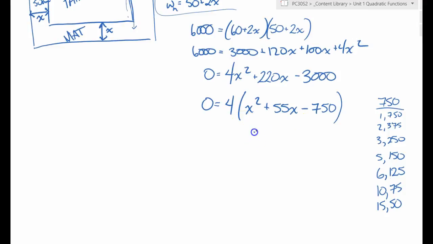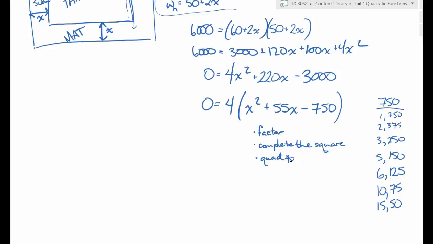So again, options are to factor. You could complete the square, but you'd be dealing with a really big number here. Or I can use my quadratic formula, and that is what I'm going to do.